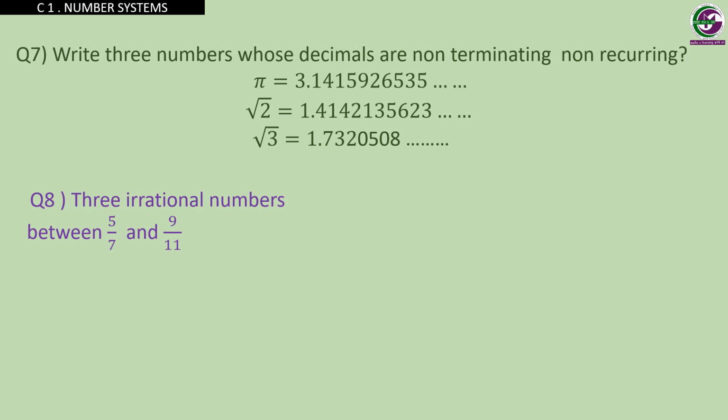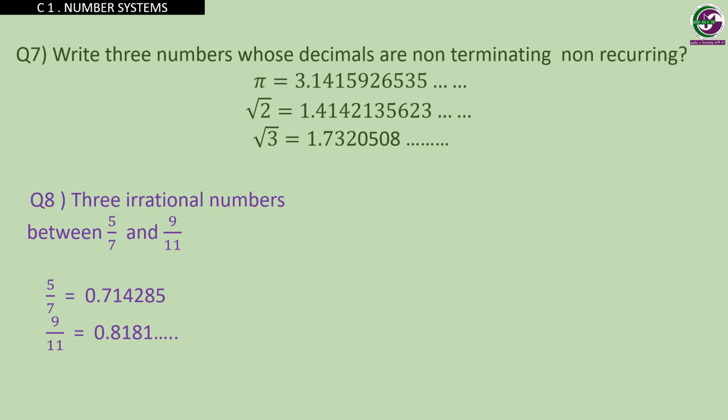Another example is you are given 2 rational numbers here, 5 by 7 and 9 by 11. We have to find some irrational numbers between them. In such cases, the best thing is find the decimal value of these rational numbers using division method. So this is 5 by 7 and this is 9 by 11.